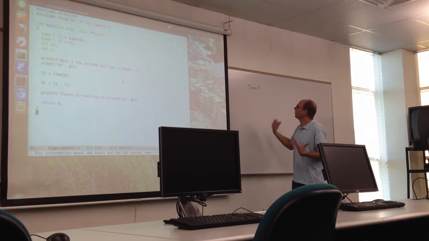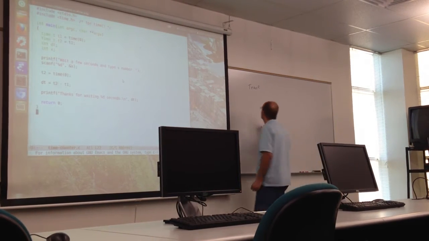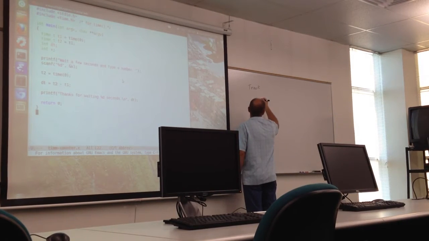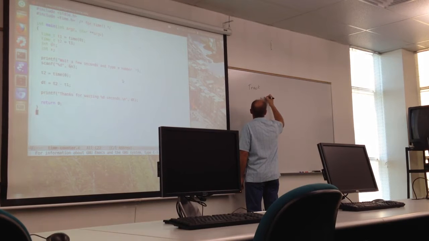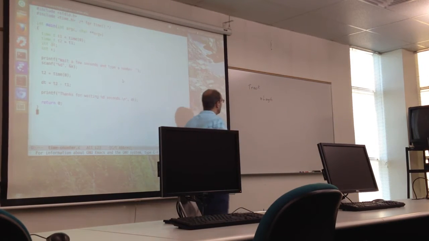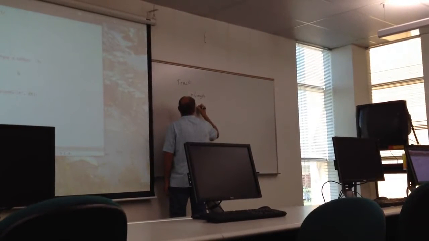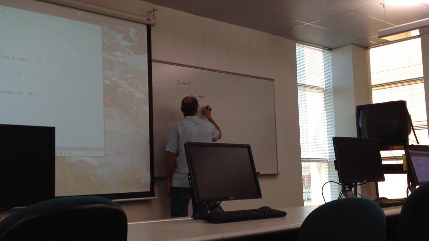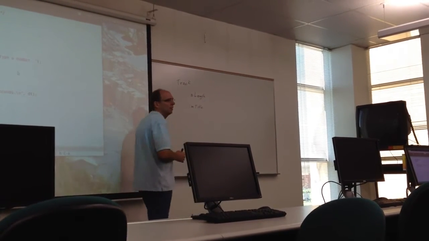And I'm not going to go too in-depth here, but I am going to create one data member I'll call mLength, which is the number of seconds that the track has, how long it is in seconds. And I'm also going to create one called mTitle, which will tell me what the song's title is.